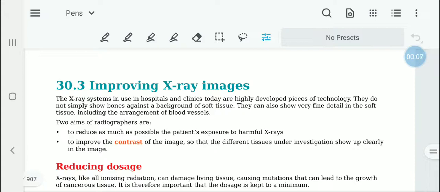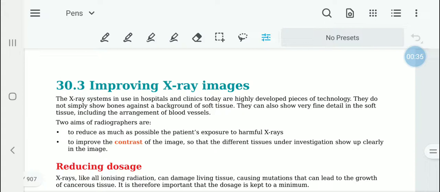The complex X-ray machines that we have in hospitals today don't use the simple technology that we discussed earlier, that is, just passing the X-ray through and recording whatever comes out of the other side. There is highly developed technology attached to these X-ray machines in modern-day hospitals.